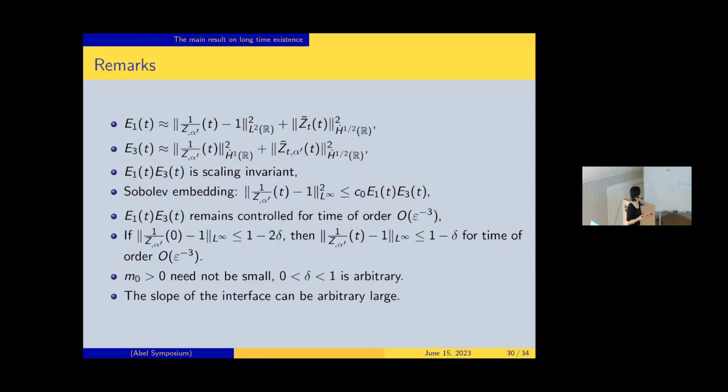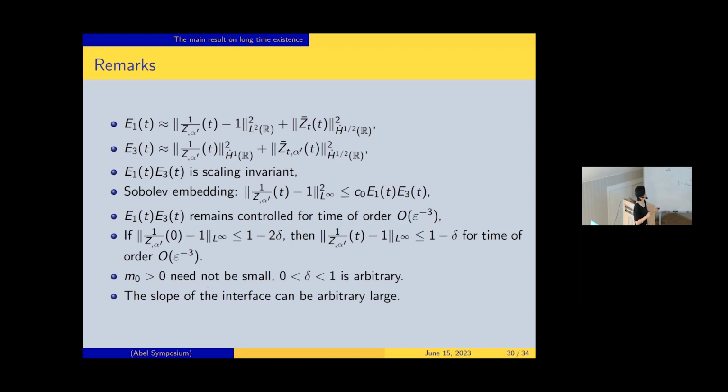So what is the main idea? What are E1 and E3? If we look at the construction of the energy function, we find all our E_j's control these homogeneous norms. E1 precisely controls the L2 norm of this quantity and the H dot 1/2 norm of this quantity.